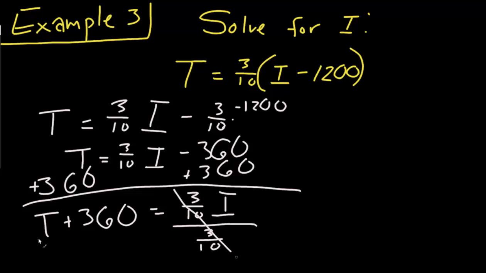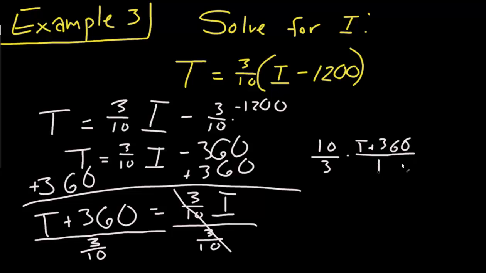It'll cancel out. And I'm just going to flip 3/10 and do 10/3 times T plus 360 over 1 equals I. And we'll go ahead and make this look a little bit nicer.